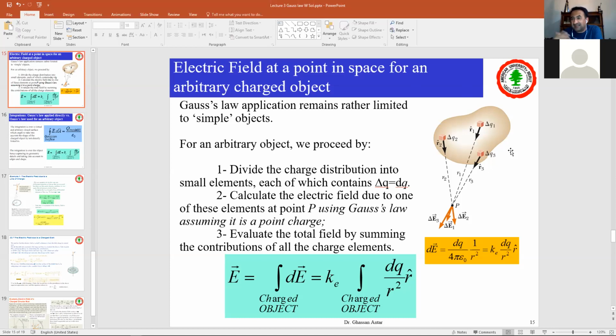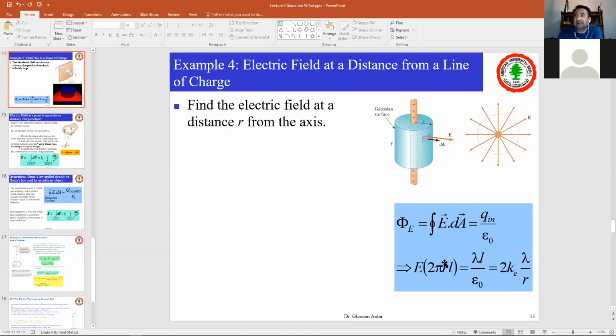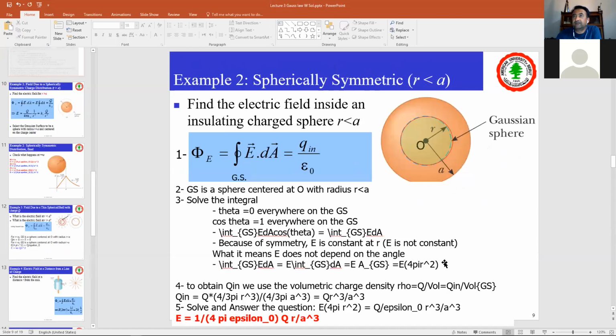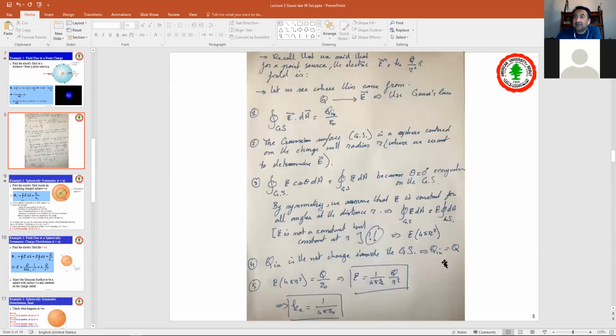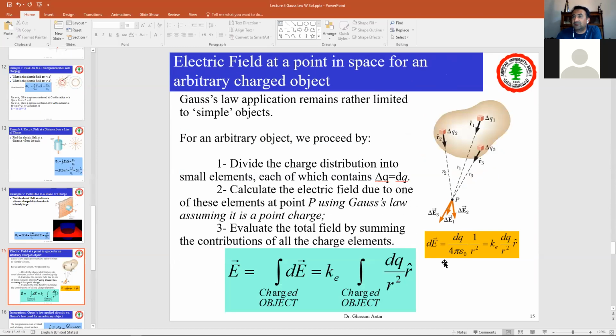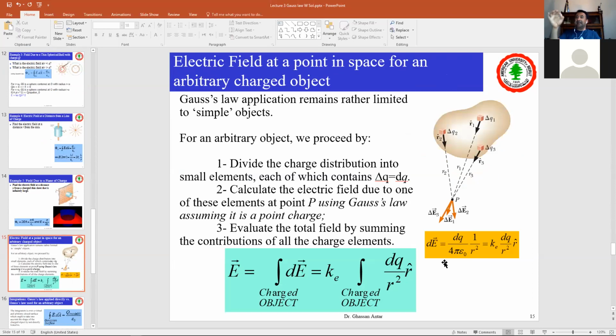But for a point source, the nice thing is that I know the formula. For a point source, my element dE is equal to dQ over 4 pi epsilon 0, 1 over r squared. That is what we just obtained here, for a point charge. So now I'm going to say that the electric field at some point P away from this object is the sum of all the electric fields caused by all the elementary charges.